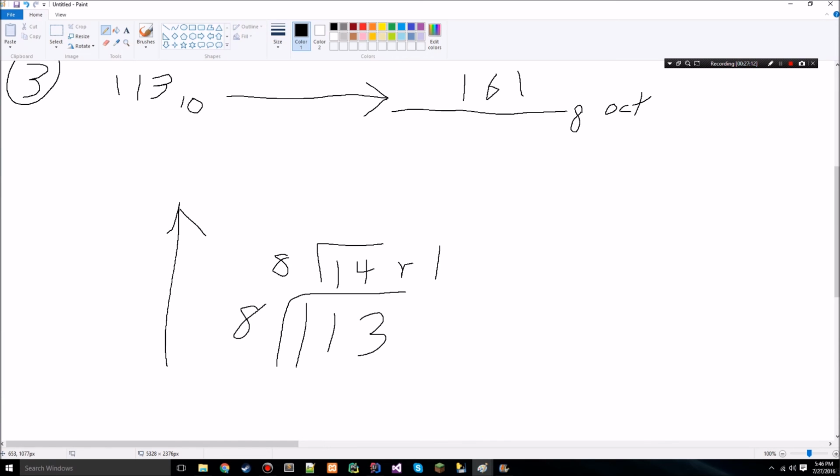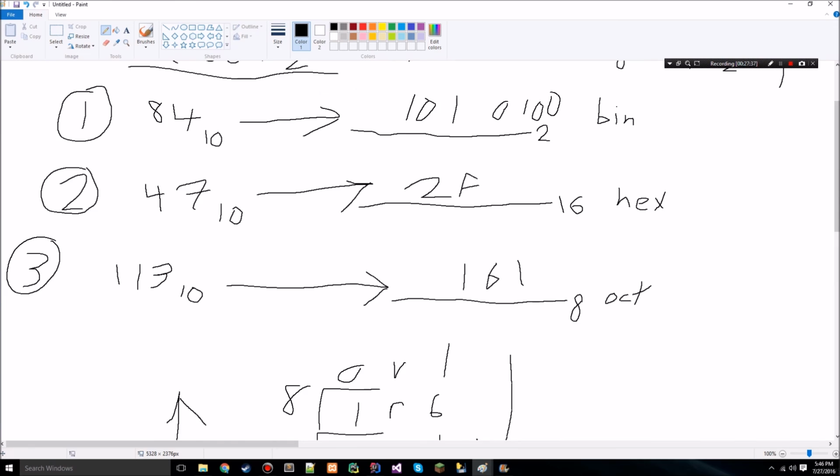Divide by 8, we get 1, remainder 6. Good old Paint. 1, remainder 6, divide by 8 again, we get 0, remainder 1. So then we go down the mountain: 1, 6, 1.